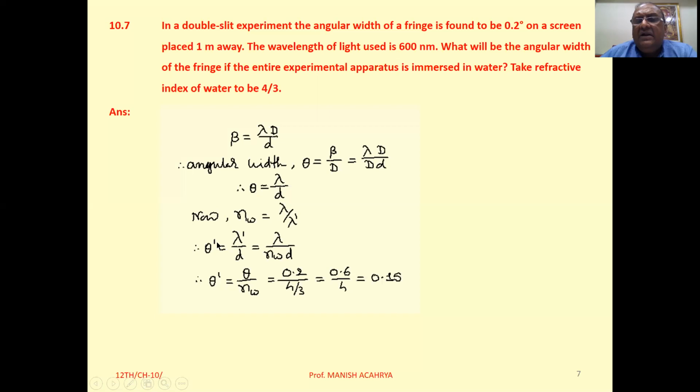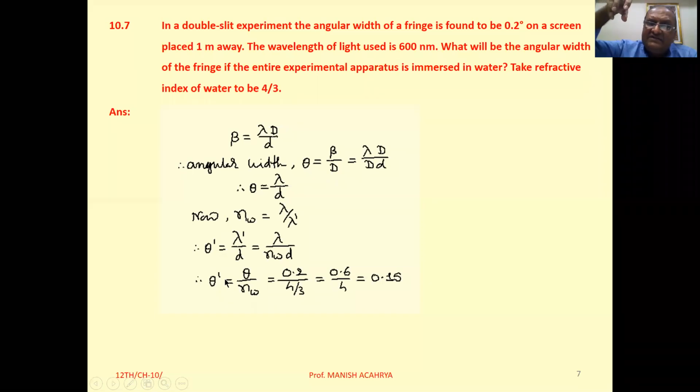Now we know the refractive index, that is the ratio of the wavelength of the light in vacuum to the wavelength of light in that medium. So when the entire apparatus is immersed in the water, we can write the angular width theta dash that is equal to lambda dash by d.